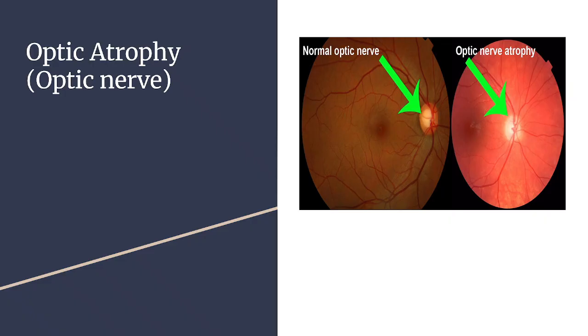It may result from inflammation of the optic nerve or from glaucoma. In unusual cases, poisons, vitamin deficiencies, or tumors may also be responsible. Most commonly, optic atrophy simply occurs without a known or proven cause.